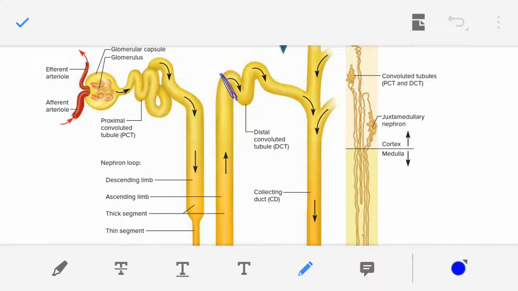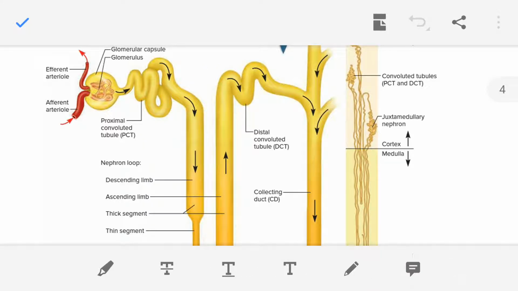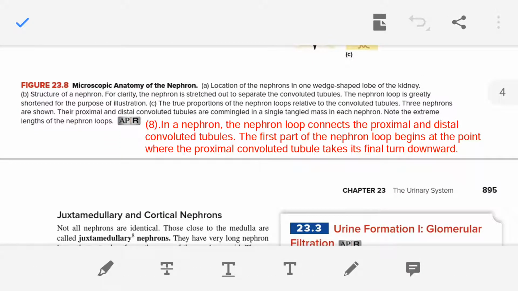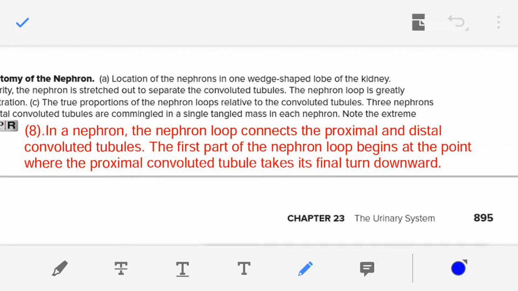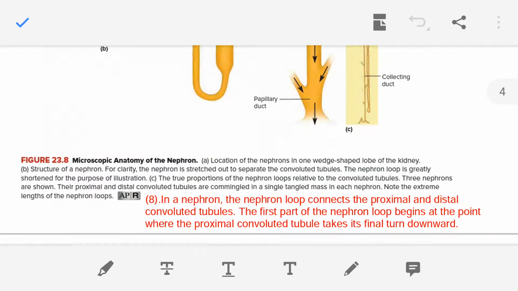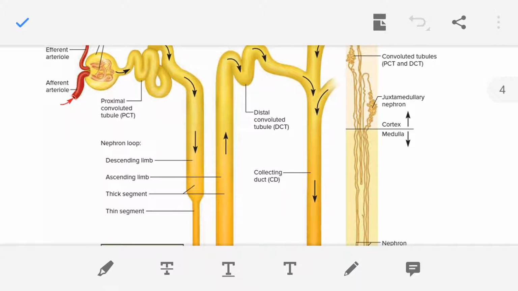Let's say at this point the DCT begins, so between this portion and this portion, the entire U-shaped tube is known as the loop of Henle or nephron loop. So this is the eighth point, nephron loop. I'm showing you this figure.